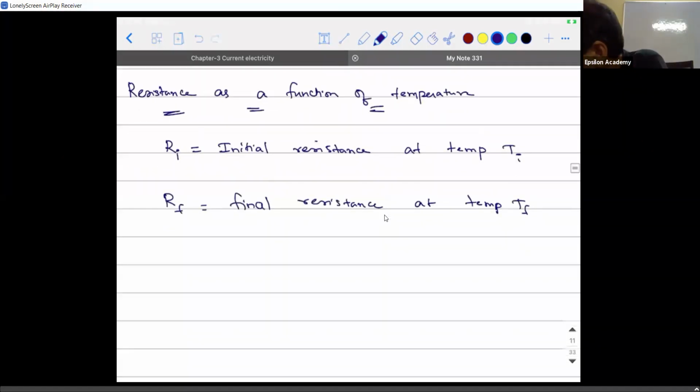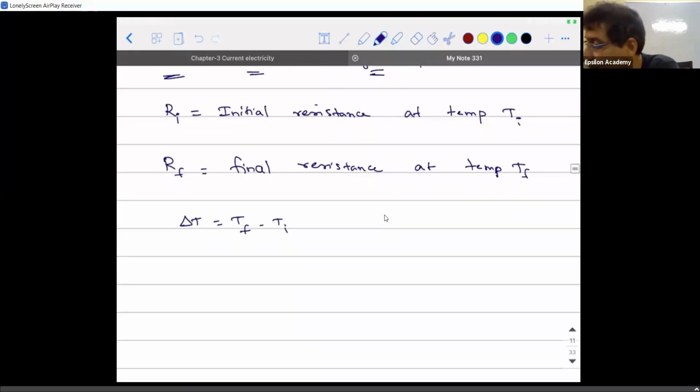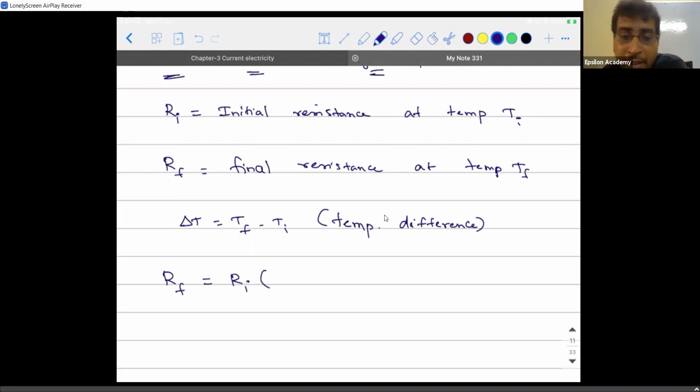If delta T is nothing but T final minus T initial, which is called the temperature difference, listen to this carefully, then R final can be written as R initial multiplied with 1 plus alpha into delta T.